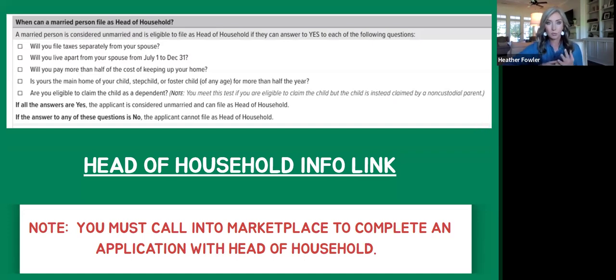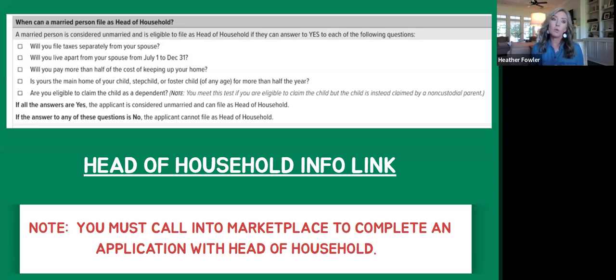So just as a rule, if someone's married, they're always going to need to include their spouse unless it's one of these three situations. If they say, well, we don't file jointly, we still file separately. They live together, they're a normal couple, but they just want to file separately.